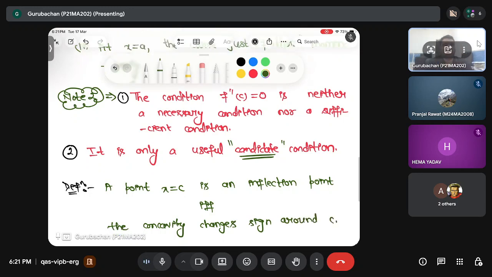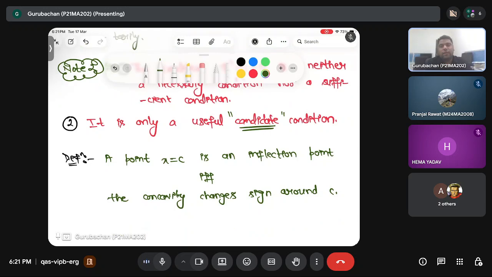The definition just tells us that we only focus on whether the concavity changes near or around c. If it is happening, then we say x equal to c is an inflection point.